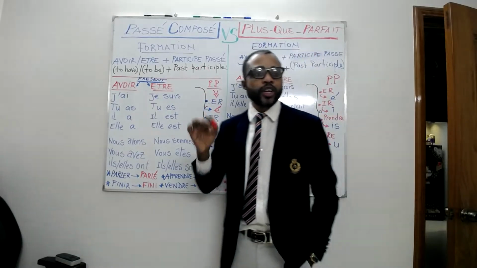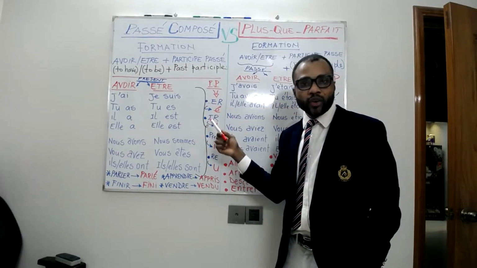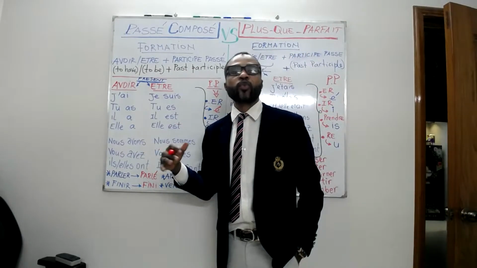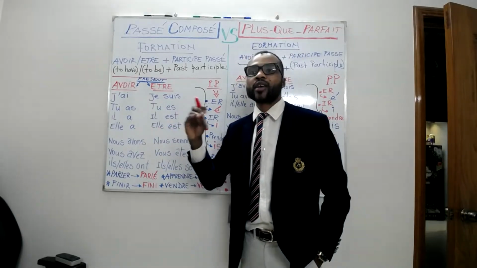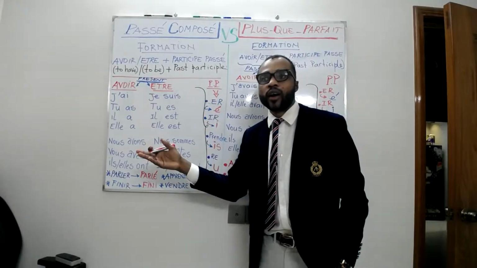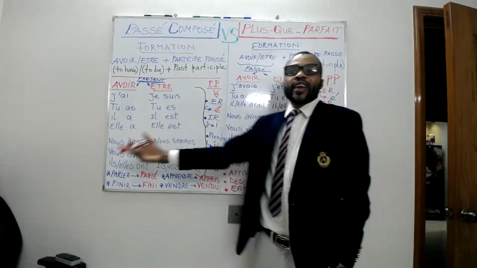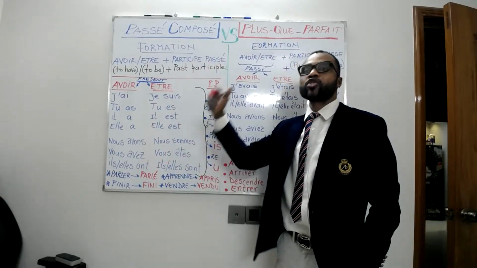But unlike in English, where we have to learn each verb differently with its past participle, for example to do, did, done, there is no rule. To take, took, taken. There is no structure, no regularity.